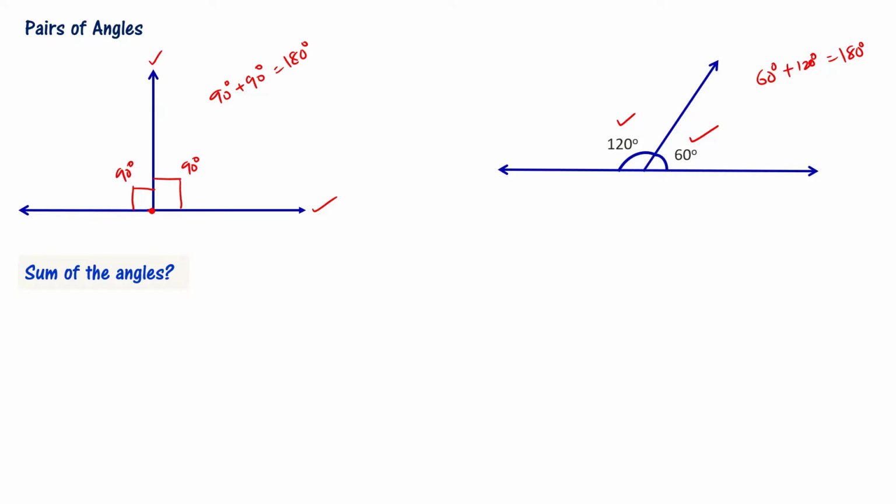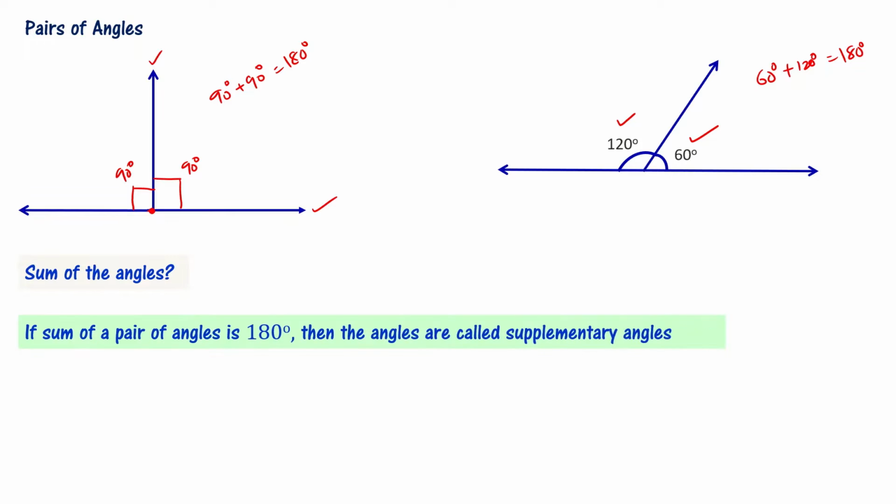If sum of a pair of angles is 180 degrees, then the angles are called supplementary angles. Sum వచ్చి 90 degrees అయితే complementary angles అన్నాం. Sum వచ్చి 180 degrees అయితే please note that the pair of angles are called supplementary angles. Okay?